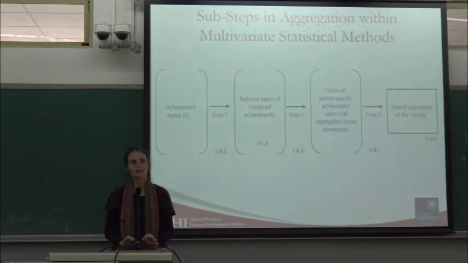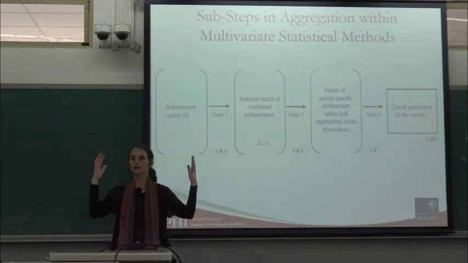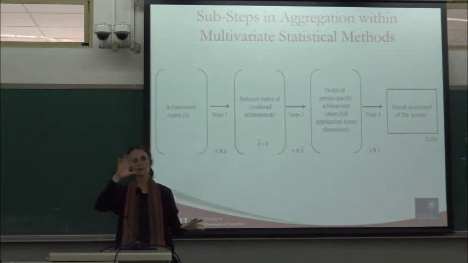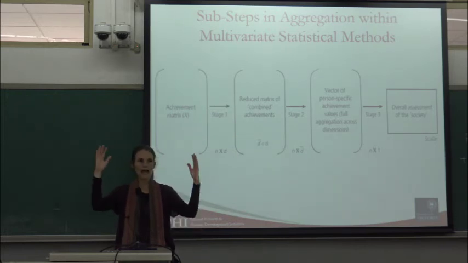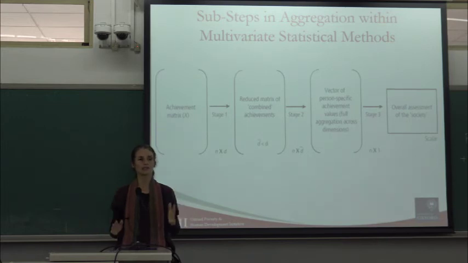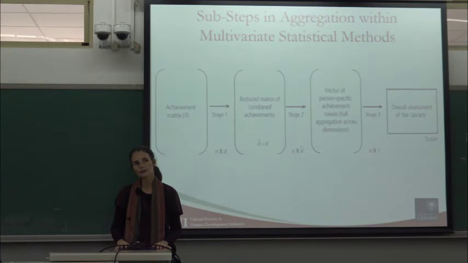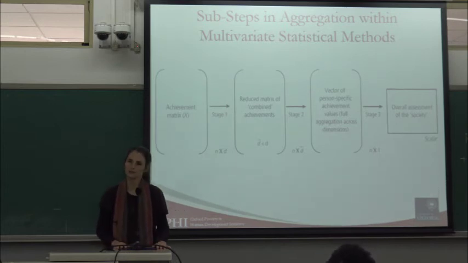So these are the sub-steps, and this is what I think is very important to understand. It's written at a high level of generality, but if you know one technique well, you can follow this through. First of all, you begin with your achievement matrix, N people and D dimensions, with entries for each of the persons in each of the dimensions. And then you find some reduced set of combined achievements.